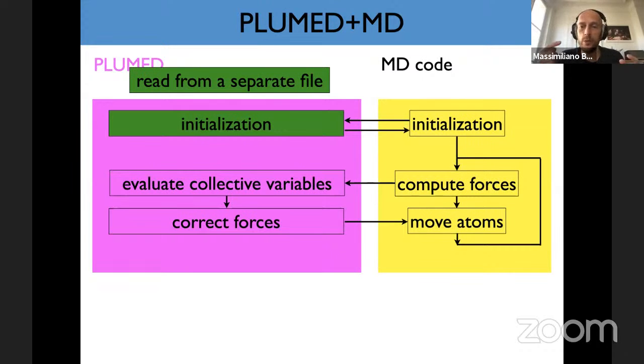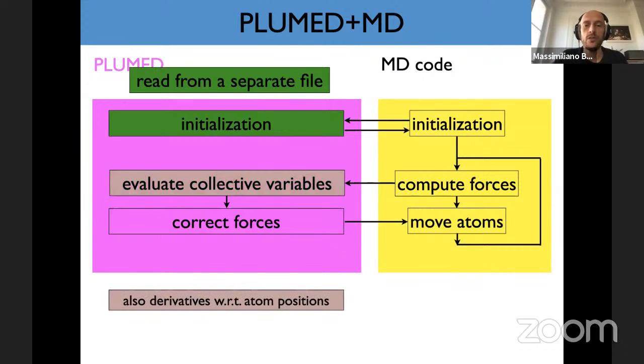Then there is a communication between the MD code and PLUMED at each molecular dynamics step. So each time, at each integration of Newton's equations of motion, the positions of the atoms are communicated from the MD code to PLUMED. The positions are used to evaluate the collective variables that we have seen in previous lectures, and also to calculate the derivatives of the collective variables, of the force, and of the potential that you are adding to accelerate the dynamics, with respect to the atom positions.